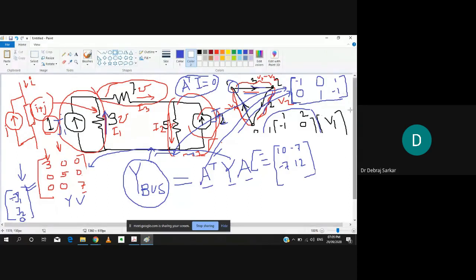Did you get it? All of you? Tanya? Sir, I'm solving, sir. Solve karo. Yes. You should get something like this. Solve karo.